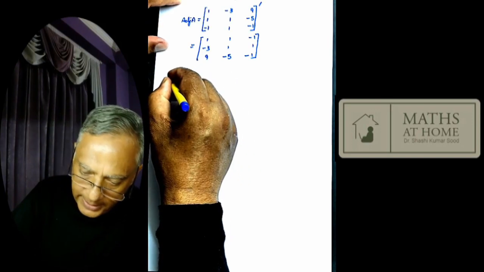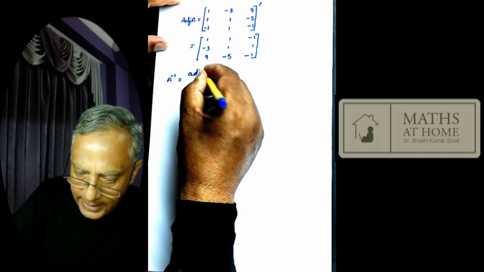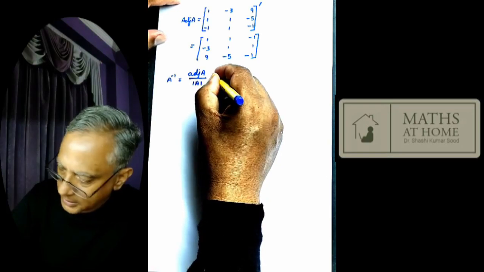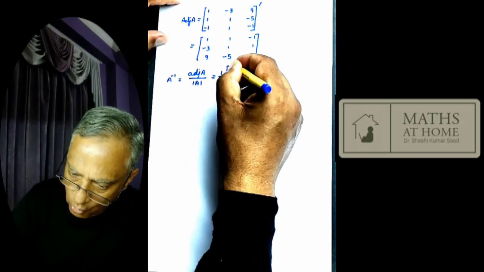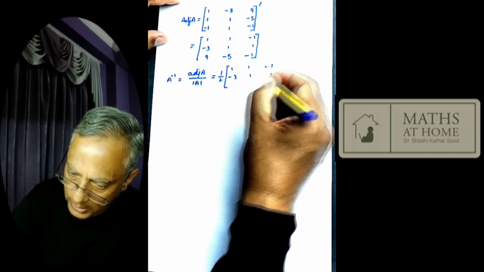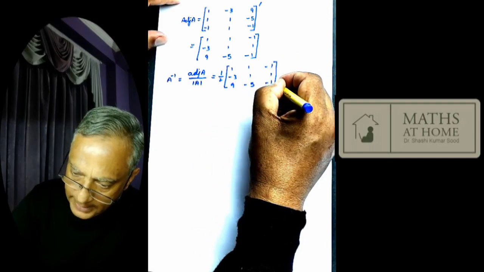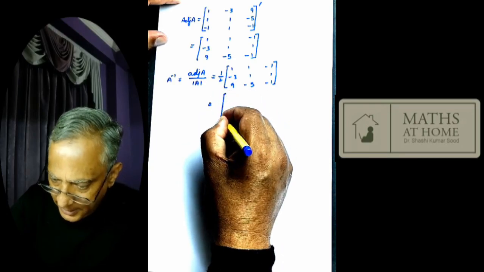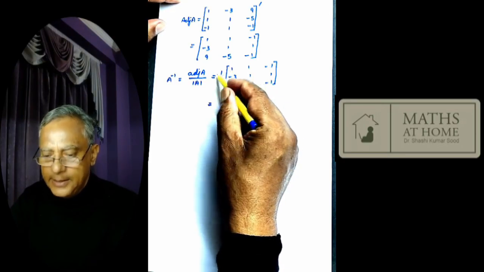And now A inverse is equal to adjoint of A divided by determinant of A. That is equal to 1 by 2 of the matrix 1, 1, minus 1; minus 3, 1, 1; 9, minus 5, minus 1. The rule for scalar division in matrices is to divide each and every entry by this scalar.